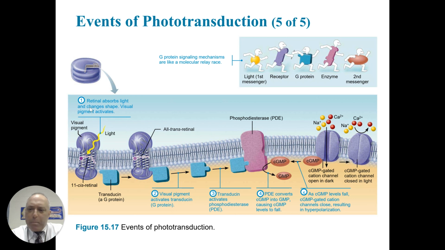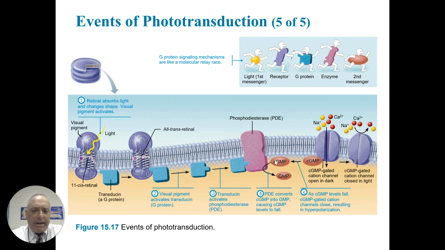So once again, the retinol absorbs the light, it changes shape, activates this phototransduction, which moves the activation of this GTP binding protein called transducin. Once the GTP binding protein is activated, transducin then activates phosphodiesterase, which converts cGMP to GMP.